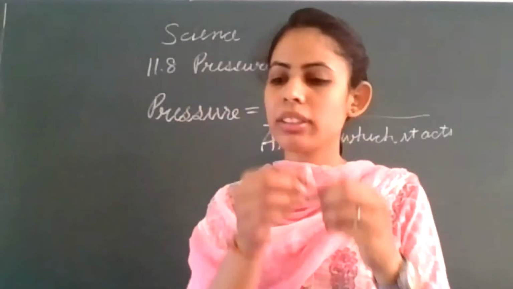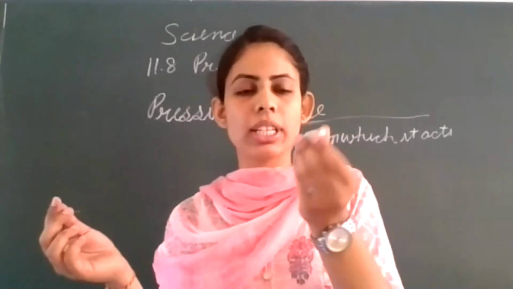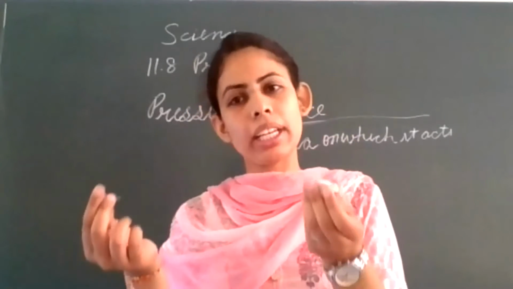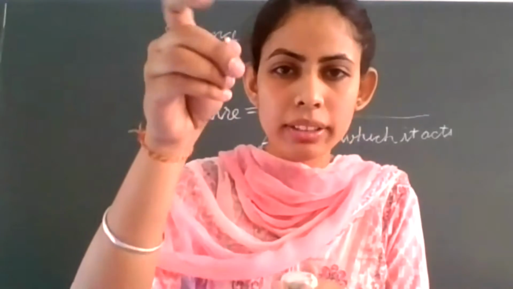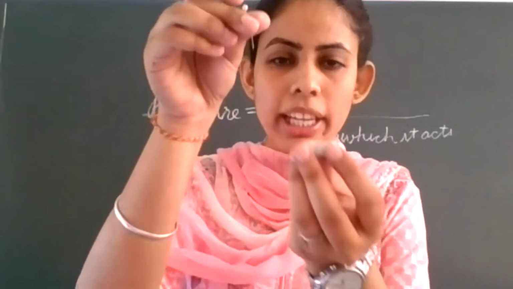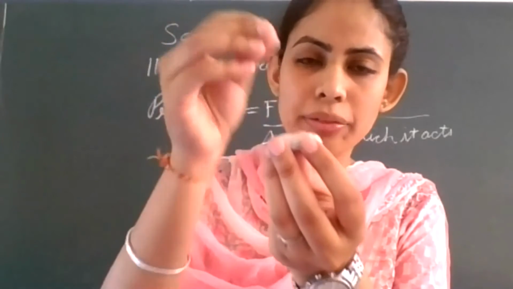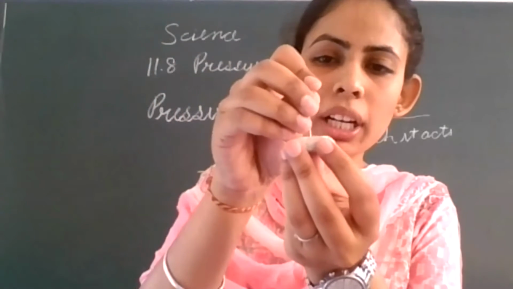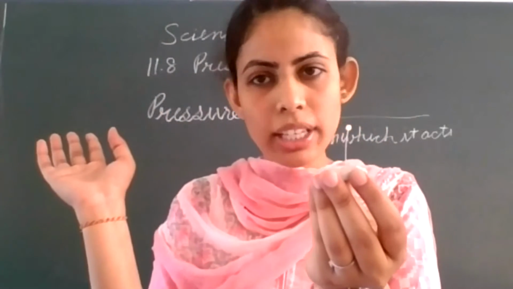So now do another activity. It is an eraser. In the activity wood is used, but I am using just an eraser. It will be clear from this activity also. And it is a pen. If I insert this pen from its tip, then it will go inside the eraser easily.